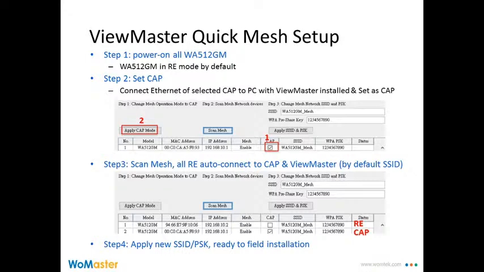Connect to the one you would like to be the CAP by Ethernet. Enable the CAP checkbox as in this photo and apply it.